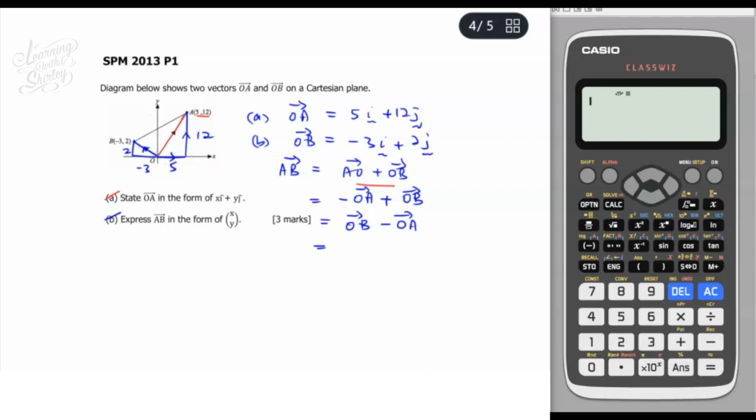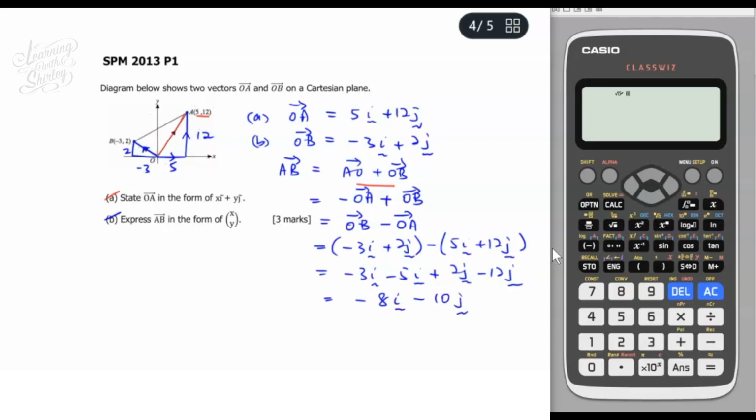Now OB is negative 3i plus 2j, and OA is 5i plus 12j. Remember to put brackets so that you won't make careless mistakes. So we gather all the i's together: negative 3i minus 5i plus 2j minus 12j, which equals negative 8i minus 10j.